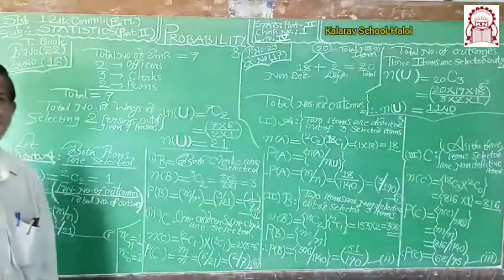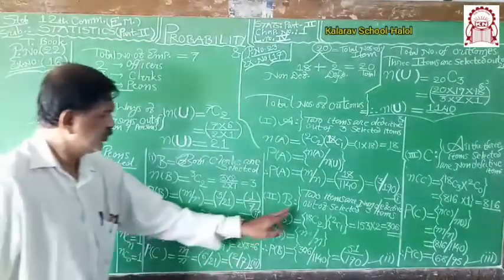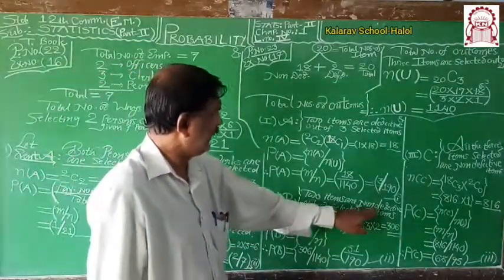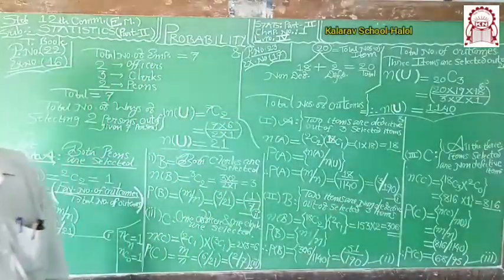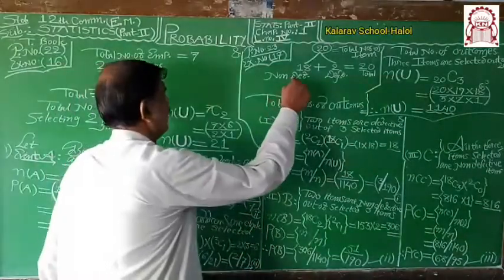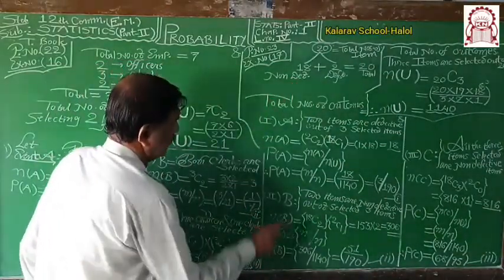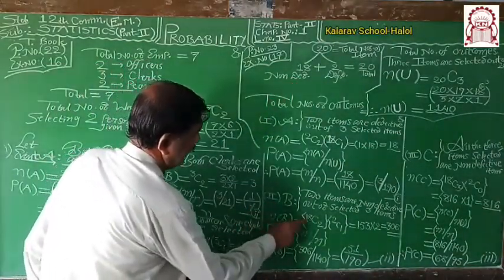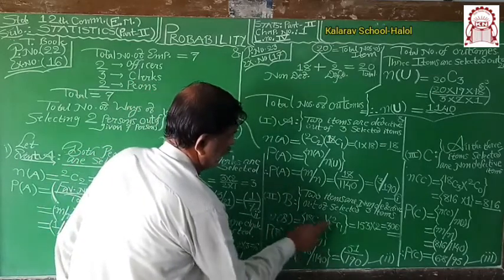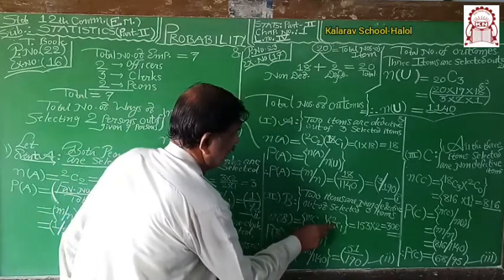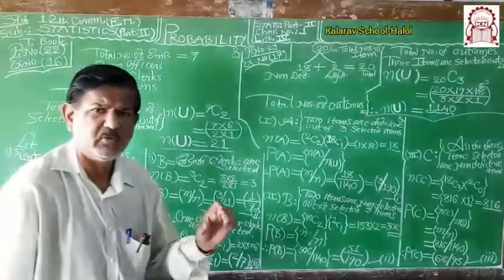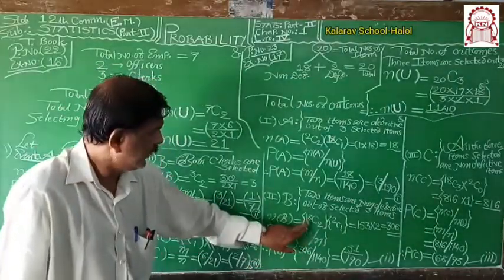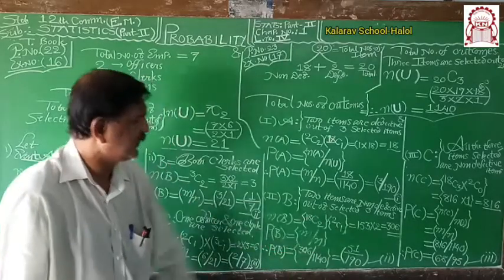Another event B: 2 items are non-defective out of the selected 3 items. 18 items are non-defective, this is given. So the number of outcomes will be 18C2 and 2C1, because out of the selected 3 items, 2 are non-defective and the remaining 1 is defective.